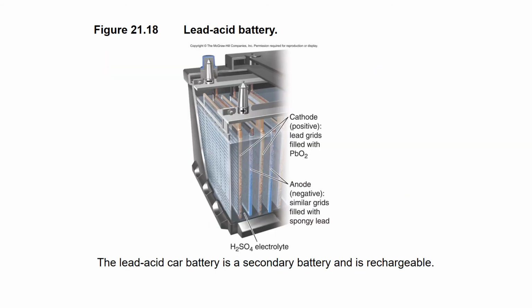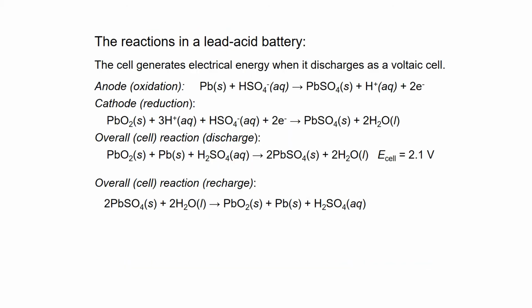Lead acid battery is a secondary battery and it is rechargeable. So we need to be able to know, when you have a car and you look at the battery, at least you understand how this thing works and the application of electrochemistry. So these are the reactions in a lead acid battery.